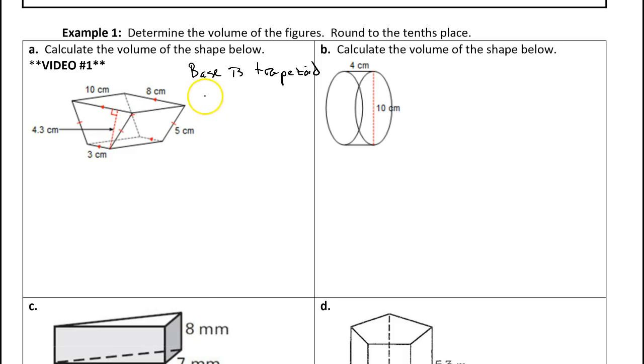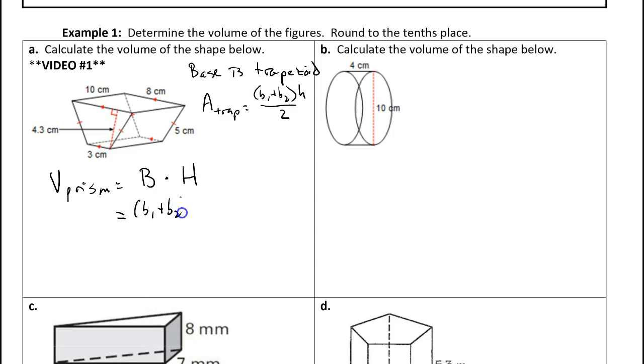The area of a trapezoid is going to be B1 plus B2 times lowercase h divided by 2. Then the volume of our prism is area of the base times the height, and the base is a trapezoid, so that's B1 plus B2 times lowercase h divided by 2 times capital H. Let's start plugging in some numbers.